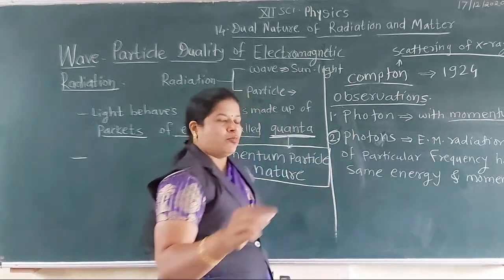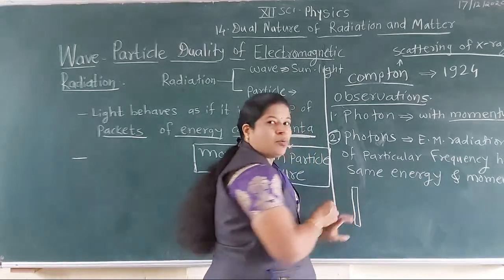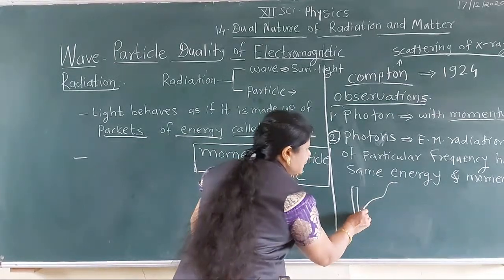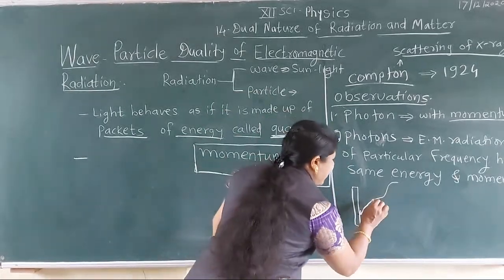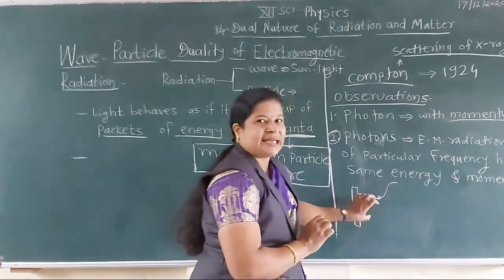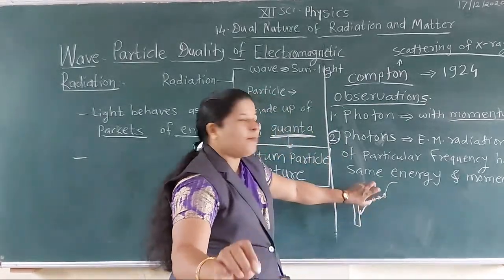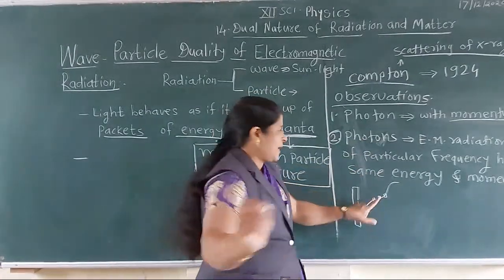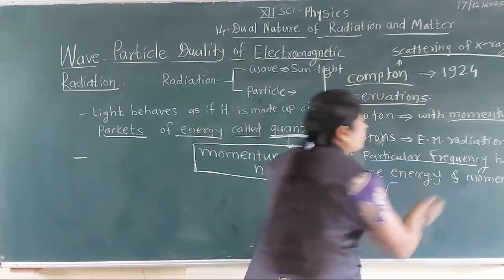This is the second observation. For example, this is the photosensitive metal and the electromagnetic radiation is incident on it. These radiations are a bunch of particles. We call it quanta, and these quanta have photons, and these photons have a particular frequency.